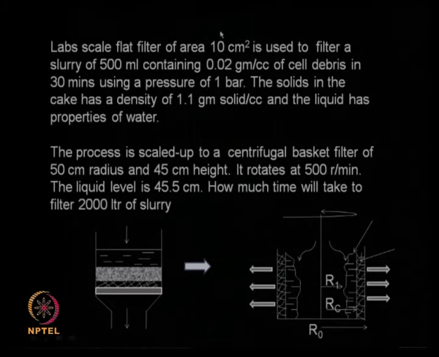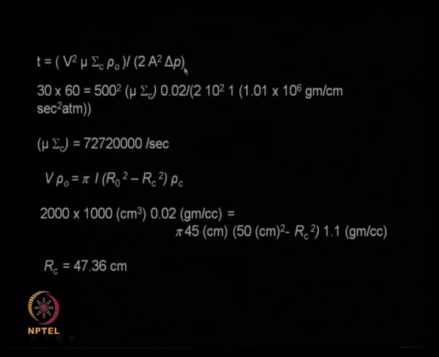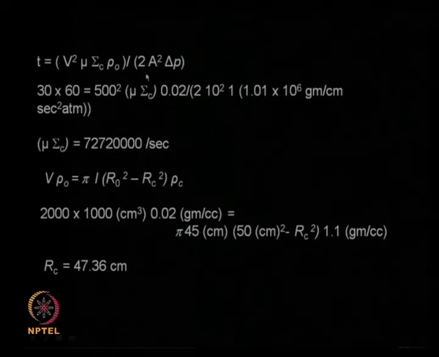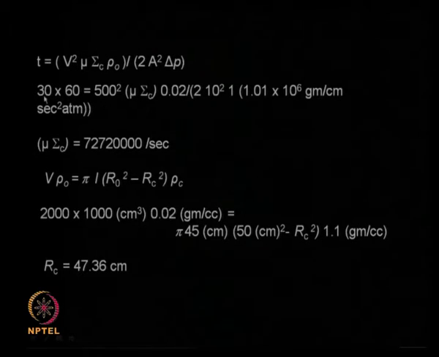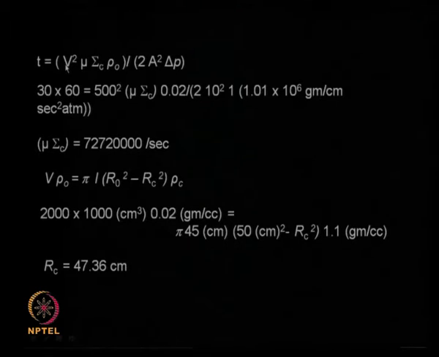Now many data are given for the lab scale flat filter. If you recall again, this is the equation for the flat filter: the time in terms of the volume that needs to be filtered, the viscosity, the rho naught, the area of the filter setup and the delta P. So it says 30 minutes, so we are converting that into seconds, and the volume that needs to be filtered is 500 cc, so I have put that in here.